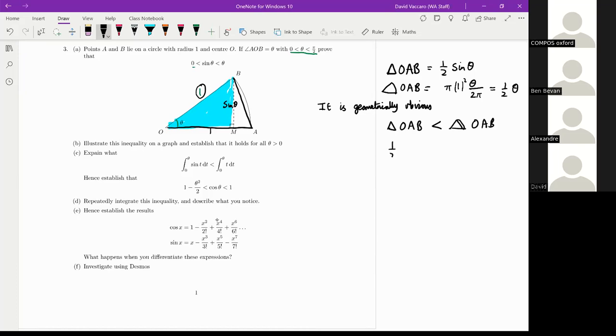So we have half sine theta is less than a half theta. And then also clearly, as theta is bigger than 0, sine theta is bigger than 0. So we have the inequality 0 is less than sine theta is less than theta.